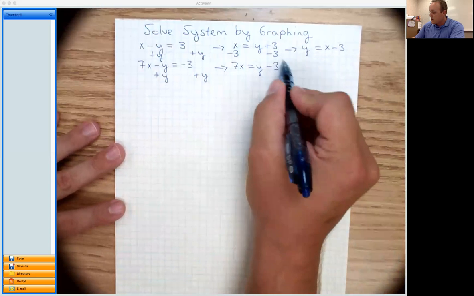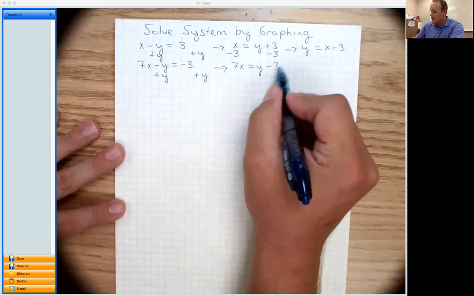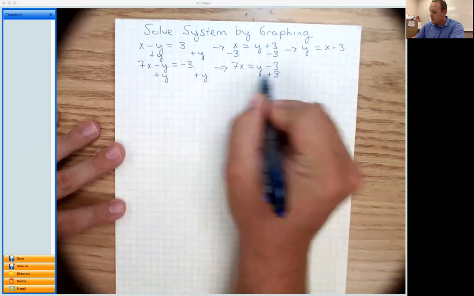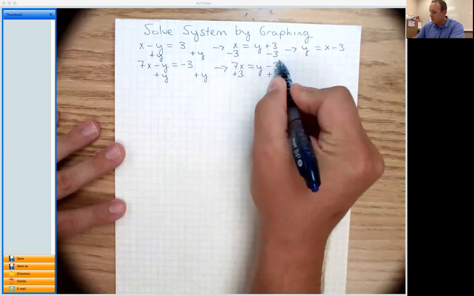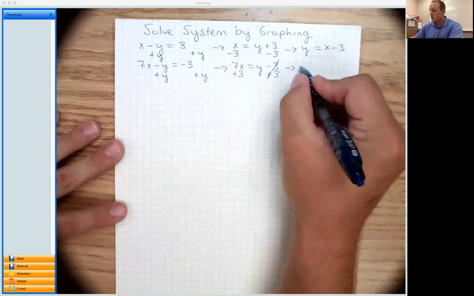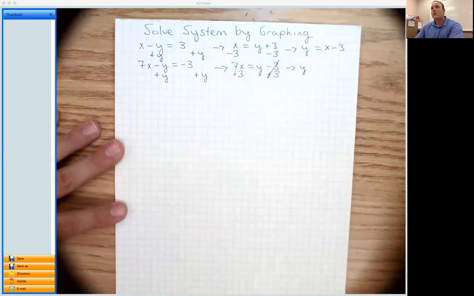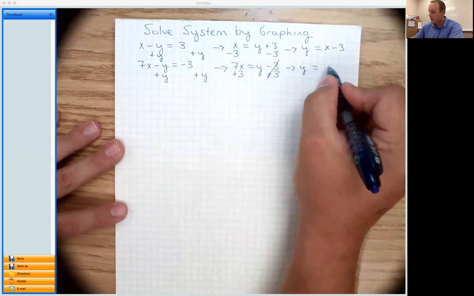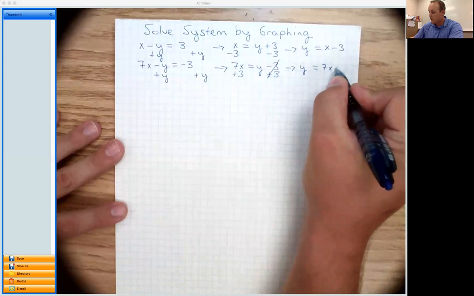I need to get that y-intercept over here. Add 3 to each side. Once again, now on this left side, I have 7x plus 3.